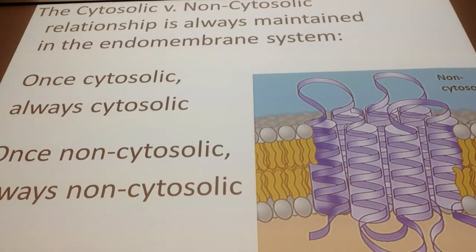Okay? So that's what it says. Also then, in terms of the cytosolic submembrane meshwork, you would never ever find the cytosolic submembrane protein meshwork interacting with the non-cytosolic environment. Very important to note that.